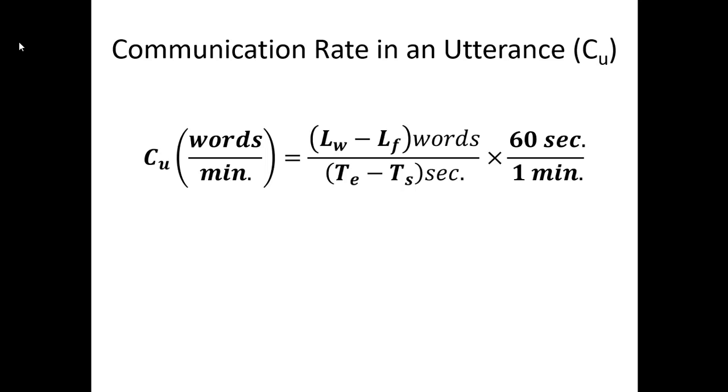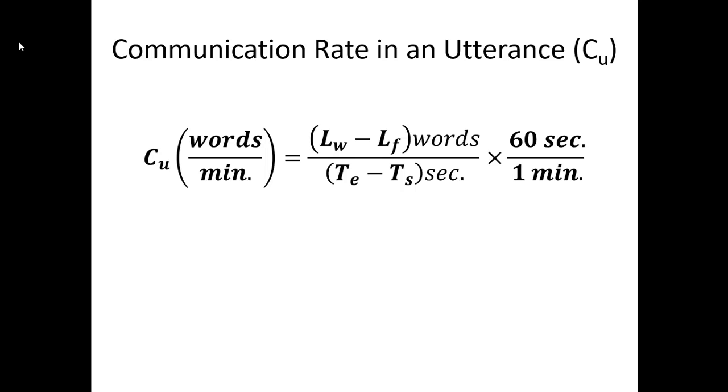And the numerator is the number of words in the utterance that are produced after the initial language event. So it's the total number of words in the utterance minus the number of words that are produced in the first language event. So Romich and Hill are using that initial timestamp as the starting point and measuring everything that happens after the initial timestamp.